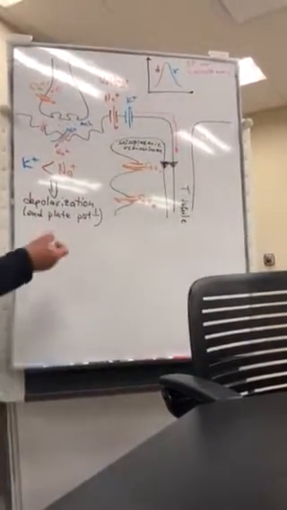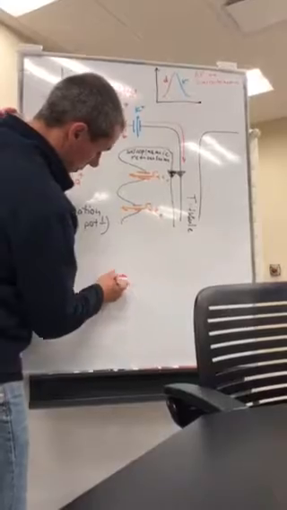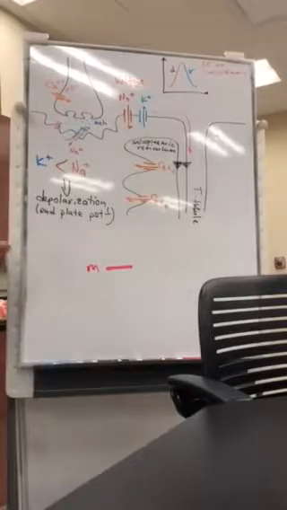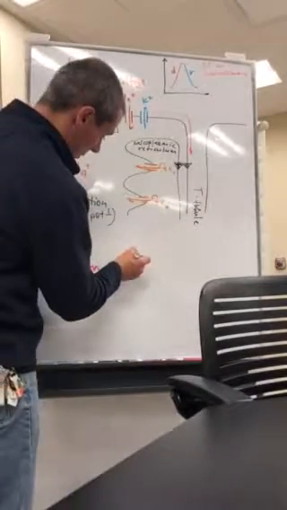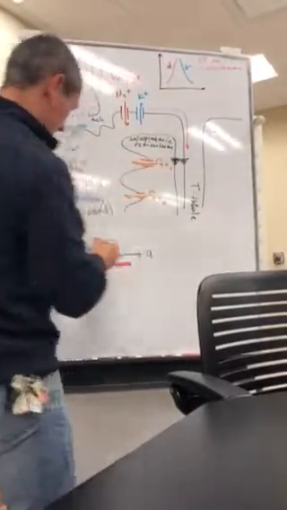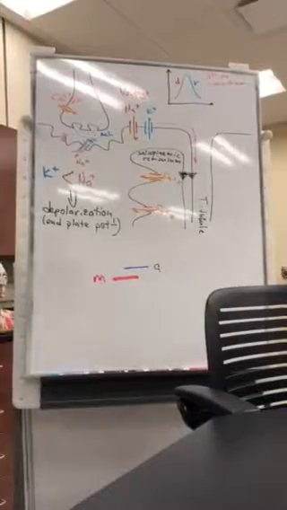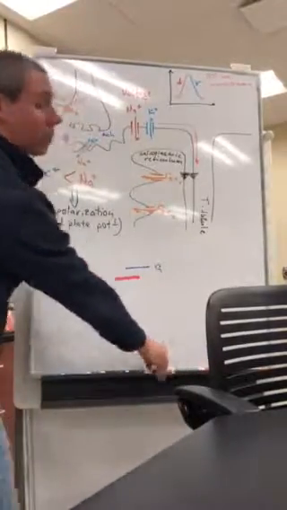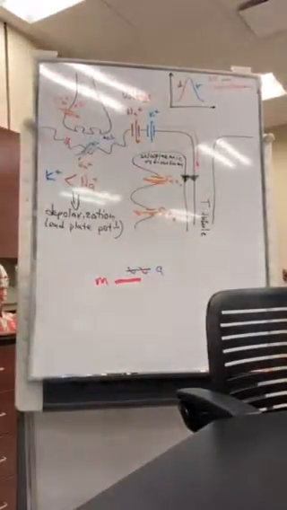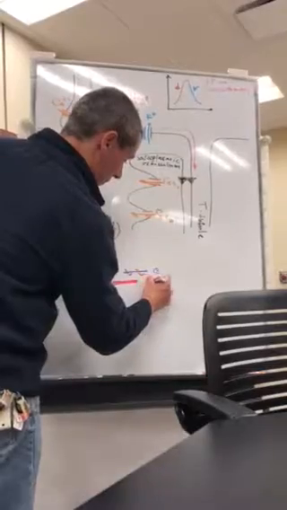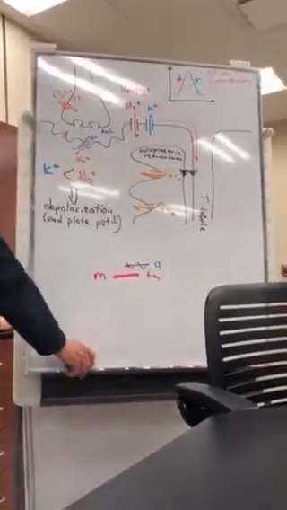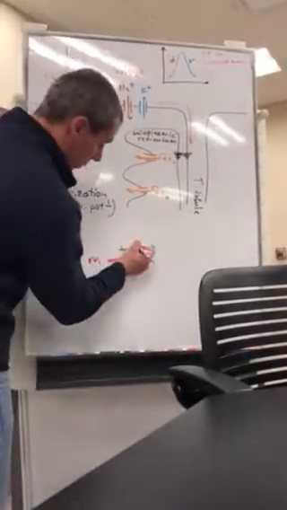Now here you have myosin, and actin. Actin is blocked from interaction by tropomyosin. However, on tropomyosin, there is troponin.